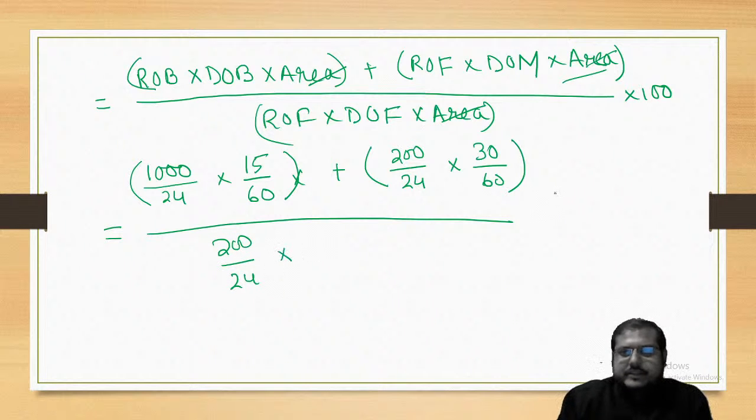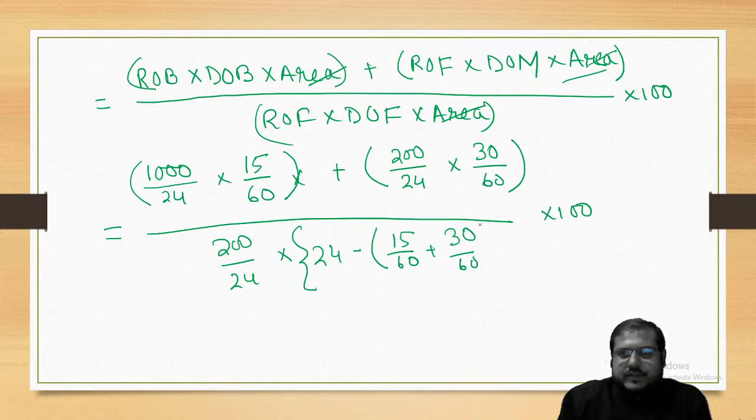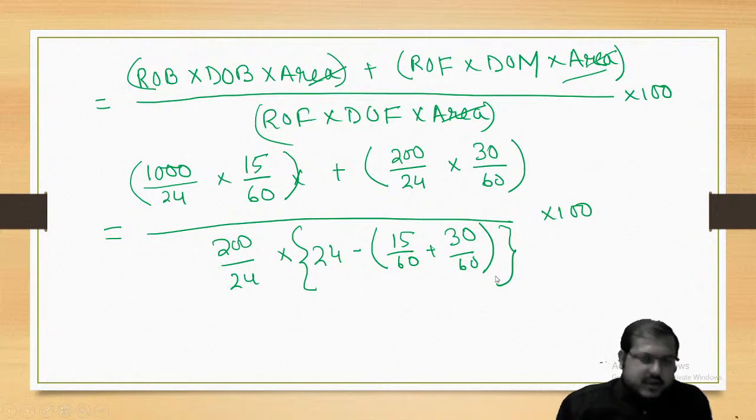The main point is the duration of filtration. So in a 24-hour day, 15 minutes goes for backwashing and 30 minutes goes for maturation. That time you need to deduct from the whole day. From here you can take 24 as the common factor and leave it.